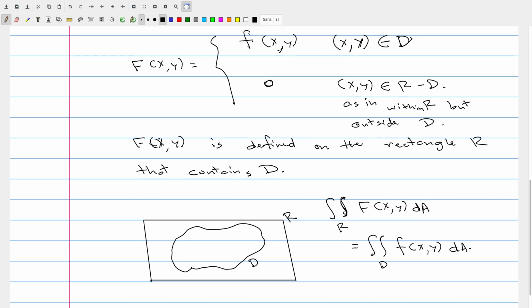Why is that? Well, it's because when (x,y) is outside of D, the function capital F is equal to 0. So when we're outside of D, the integration gives us 0. So the integration over R of capital F equals the integration over D of small f. Right? I hope this makes sense to you.